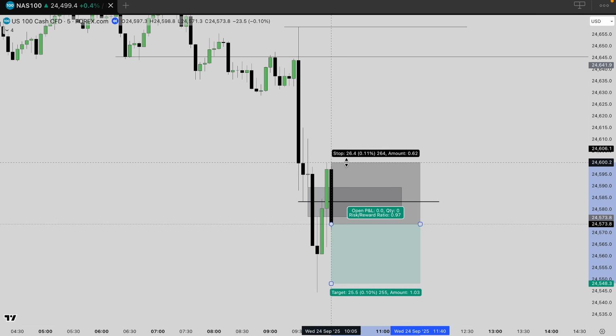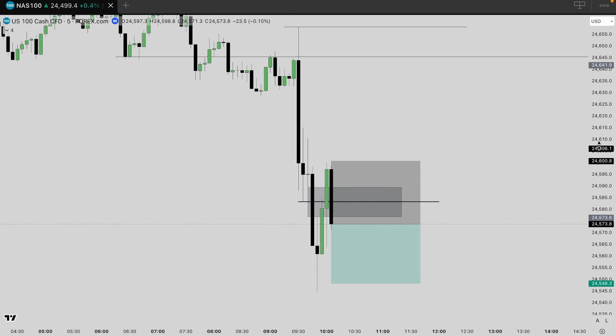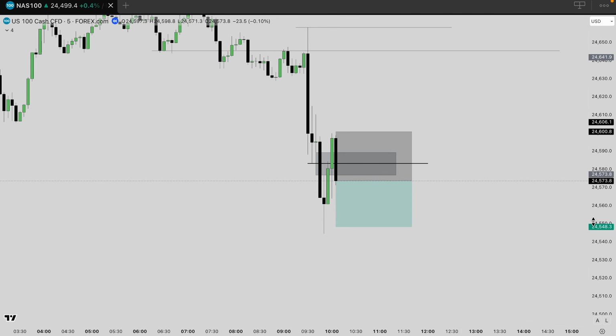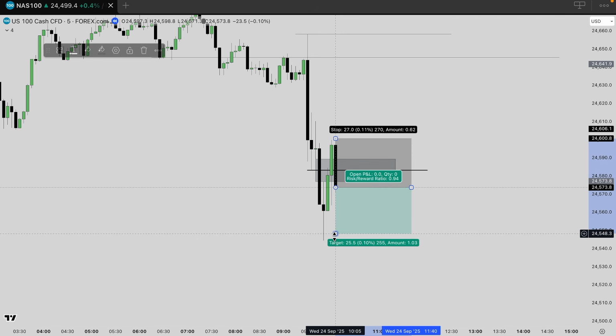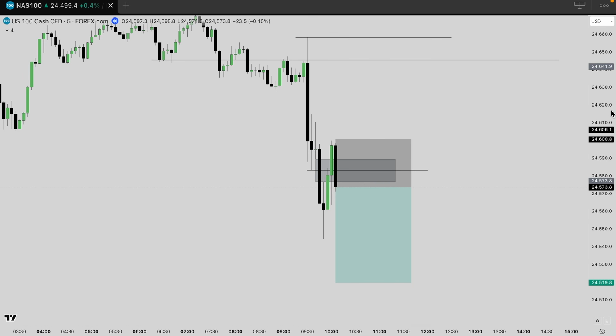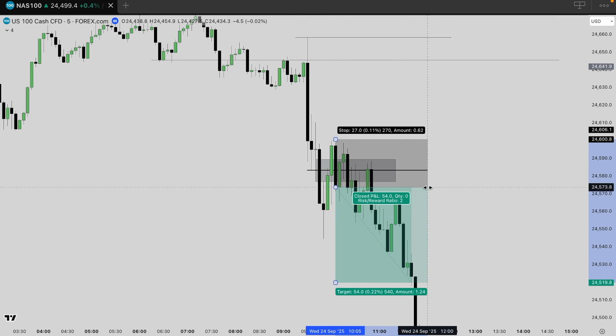Stop loss at the high, or you can place it just slightly above the high for spreads or commissions or just a quick breathing room. And then our first target is a 2R. Now what happens? We almost get stopped out, but we don't. Price action consolidates a bit and we run through our take profit.